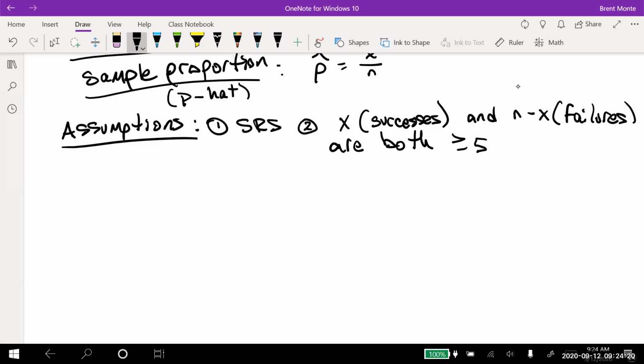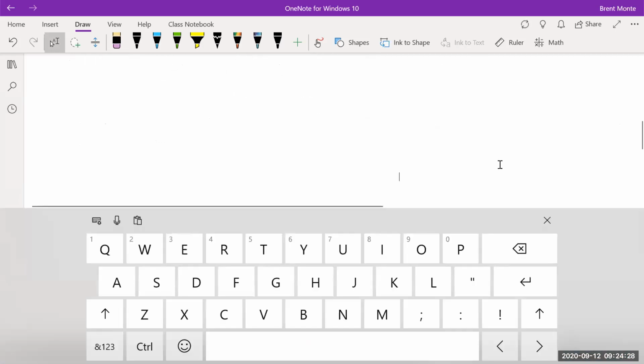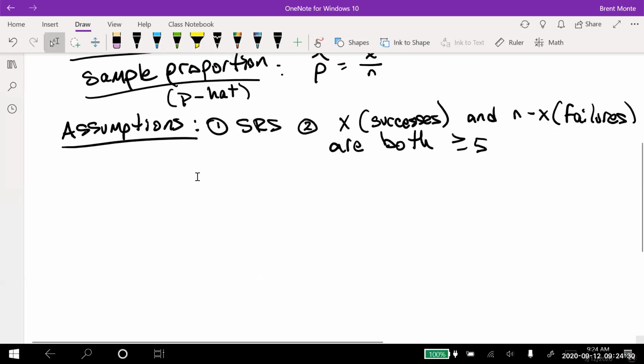If they are, we're going to consider the sample large enough that it's going to be normally distributed. From there, I'm just going to jump in. We're going to do a problem right away. Let's jump into the exercises.